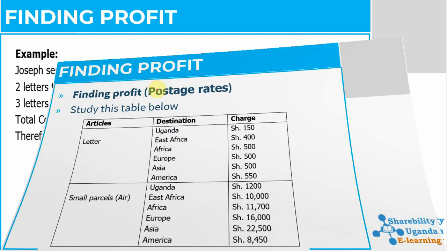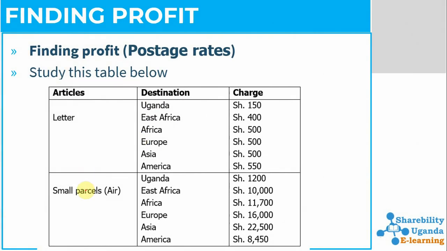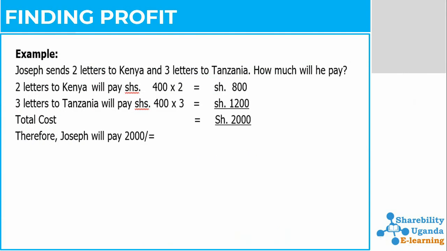Like here, when they had parcels, please do not get confused if they talked of Uganda or East Africa and use 10,000. You should use letters with the corresponding destination and charges. So for a recap, I hope everyone has been able to understand this.